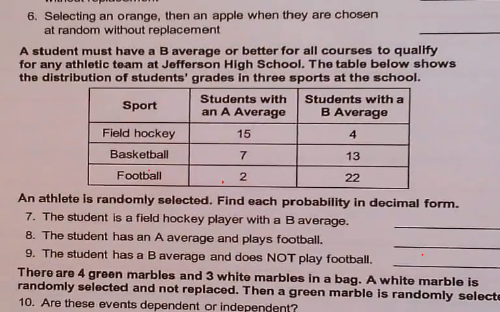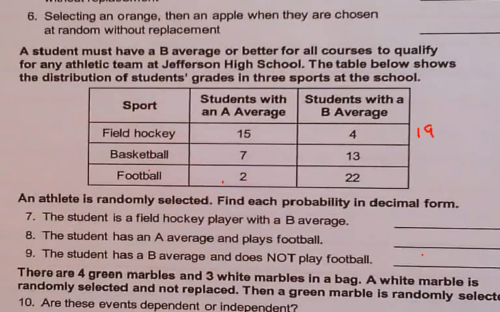So, field hockey students: 15 of their players have an A and 4 have a B. In basketball, 7 of the players have an A and 13 of the players have a B. And in football, 2 of the players have an A. 22 players have a B. What does that tell you about football players? Okay, so we need to know the total. So we know that 15 plus 4 is 19.